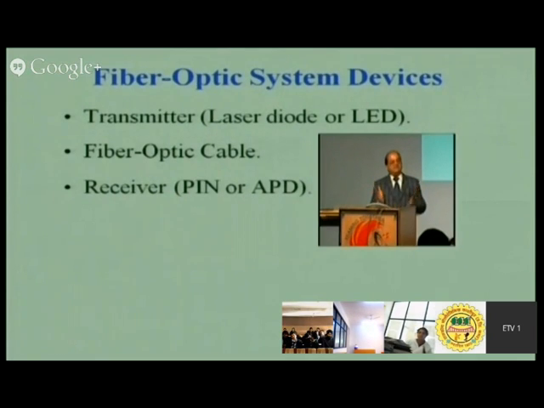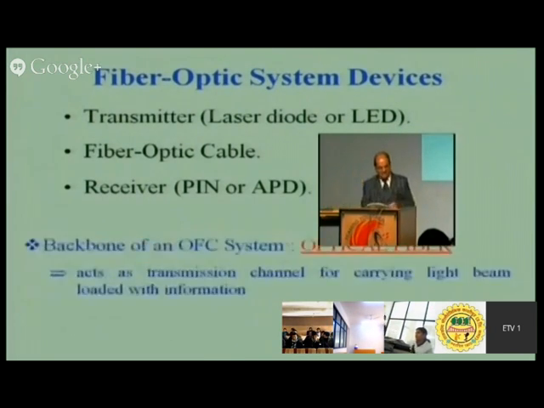They work at different power levels. APDs can work even at a very, very low power, on the order of nanowatts. Pin diodes can work on the order of microwatts. So they have different sensitivity, and depending upon the requirement, we use any of these combinations.